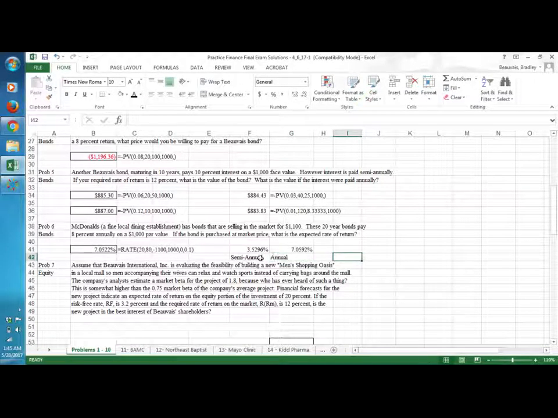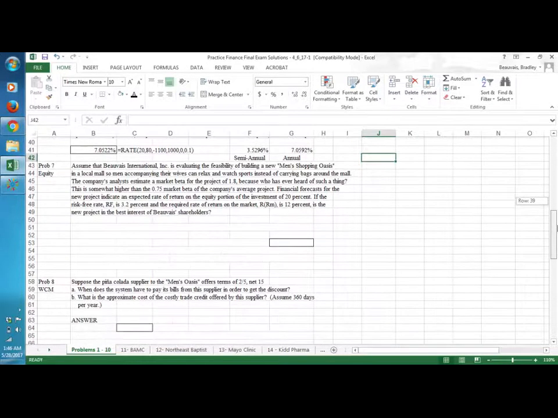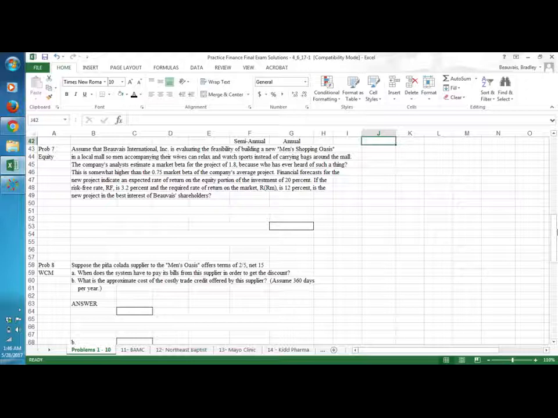So that's it for our yield to maturity, or our expected rate of return calculation for problem 6. Last but not least, looking at the equity problem, problem 7, where we're evaluating the feasibility of building a new men's shopping oasis.